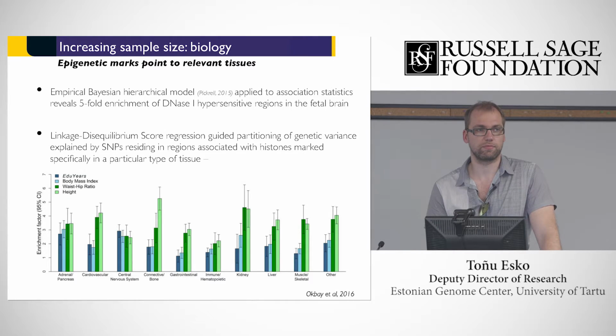Yes. Is it surprising at all that the CNS region is not actually super enriched for any one phenotype, even though you might expect it would be way more enriched for years of education than the other things? Yeah, I think there are several factors.